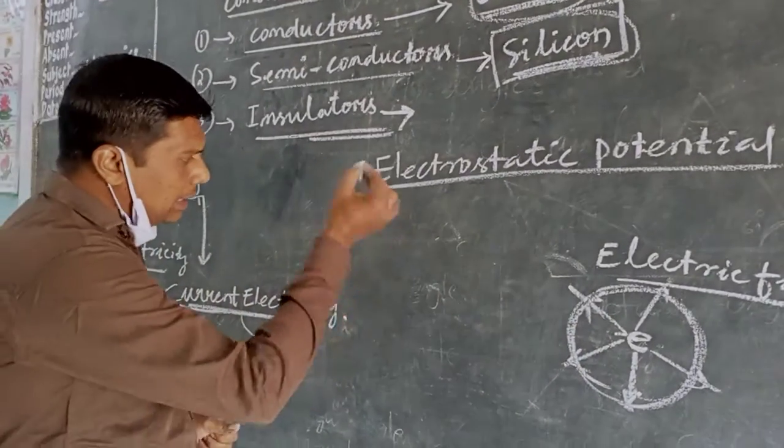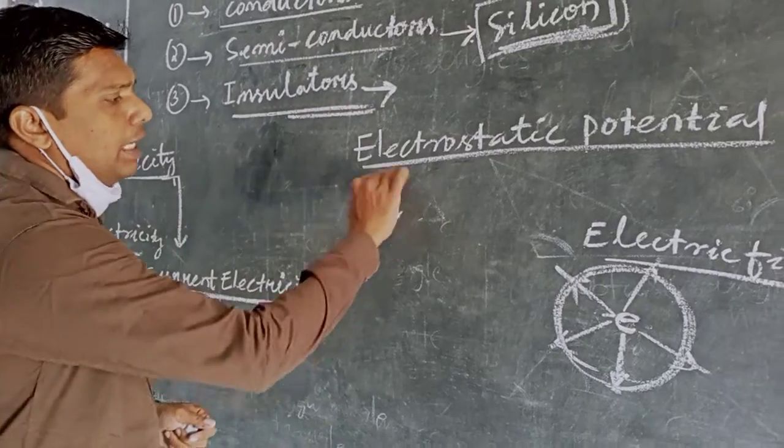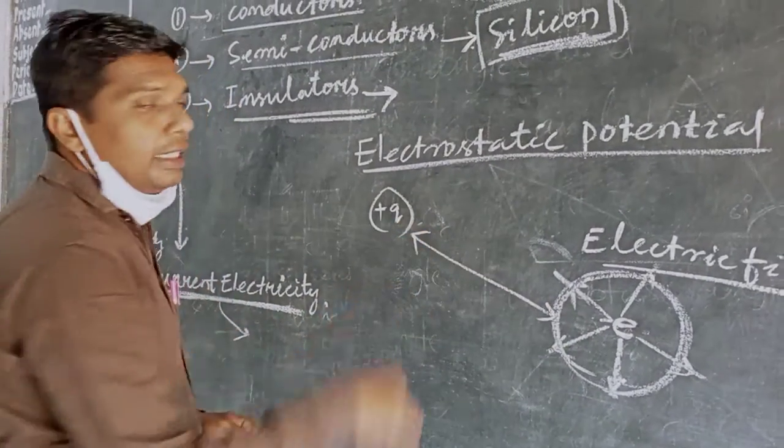So suppose another charge, a unit positive charge, is here at infinite distance.